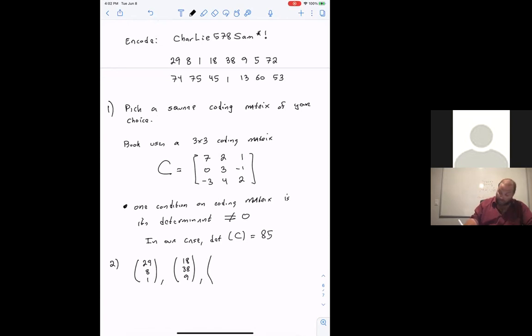Next is 5, 72, 74. Next is 75, 45, 1. And then 13, 60, 53. Now notice that there are 15 numbers, and using the 3 by 3 matrix worked out perfectly. We had exactly the right number.